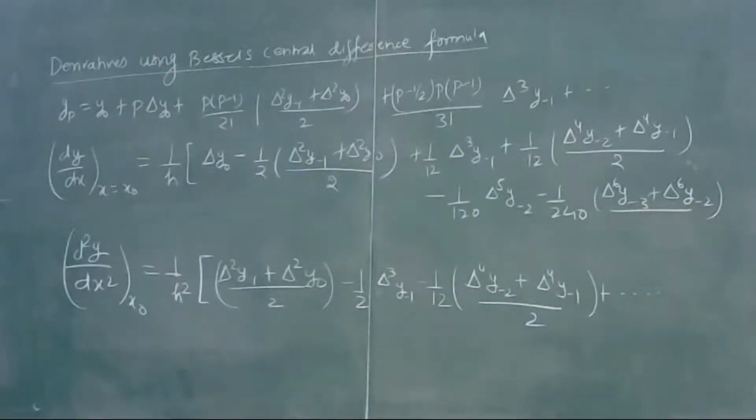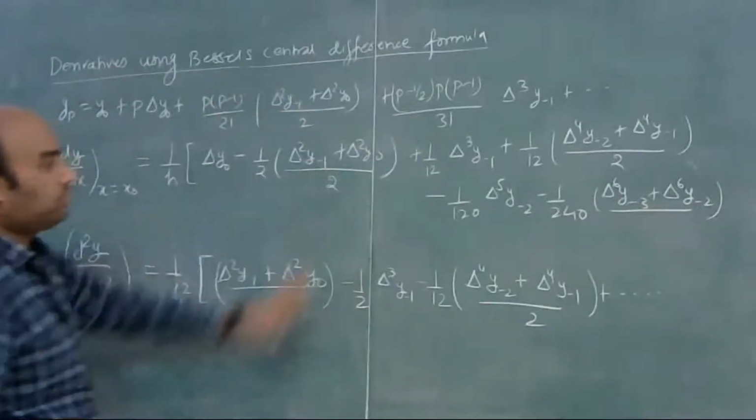Okay, so this is value of dy by dx using Bessel's central difference formula.